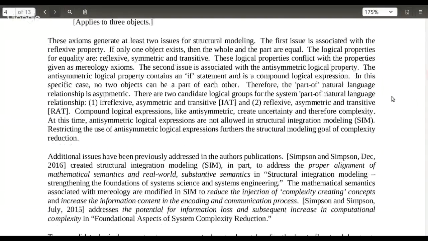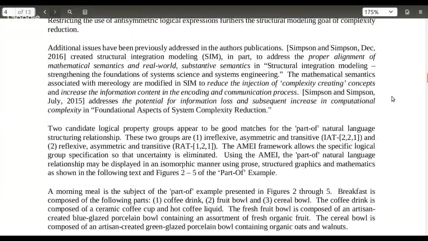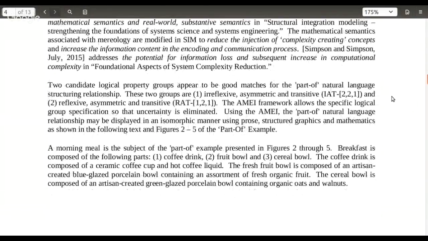So we went through and looked at that, and we believe that saying part of is irreflexive, asymmetric, and transitive makes it more closely aligned with the real-world engineering type of things that we're dealing with, or the social technical organizations that we're dealing with.